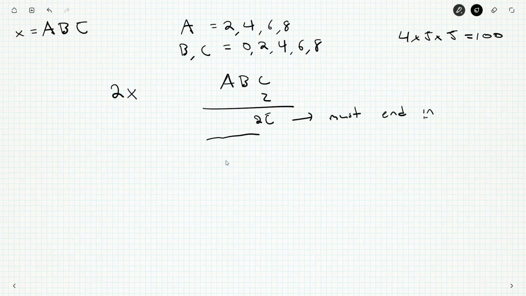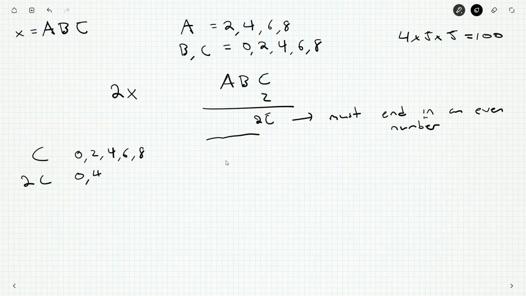But the units digit of 2C becomes the units digit of 2x. Okay, and this is not that hard. Take all my possible values for C. 2C, well, I could have 2 times 0 is 0, 4, 8, 12, and 16. All of these end in even digits.